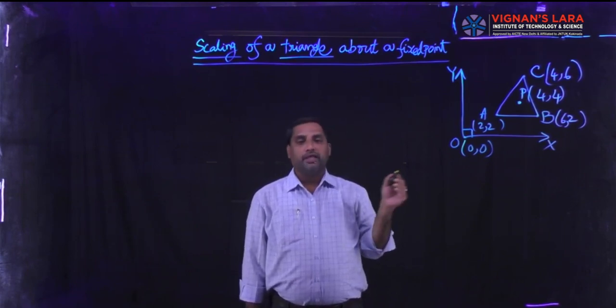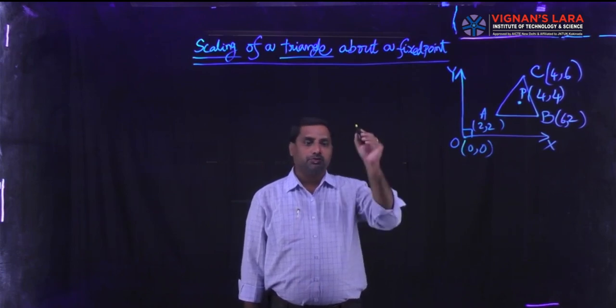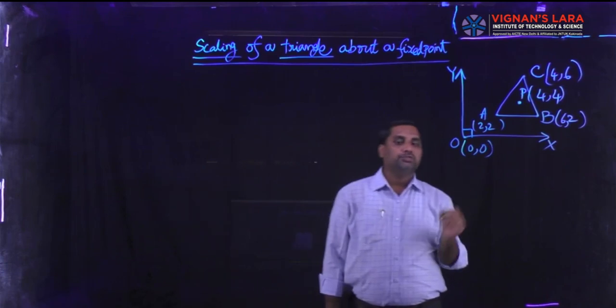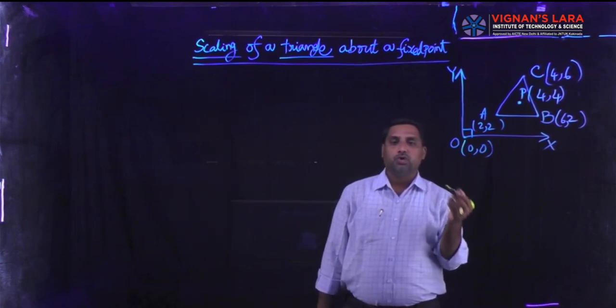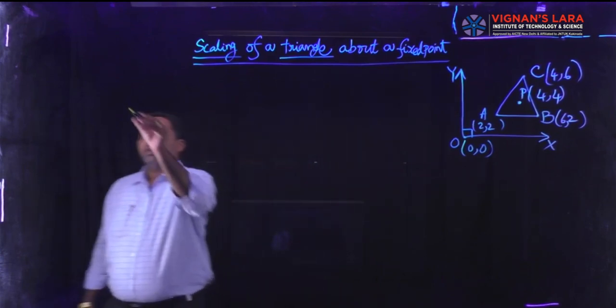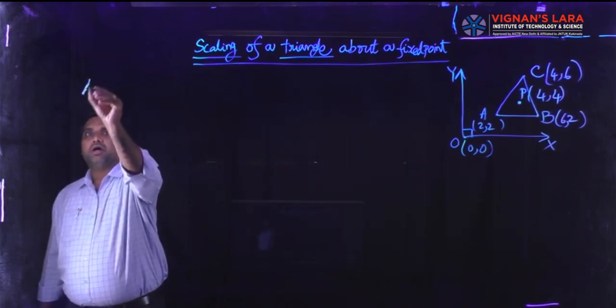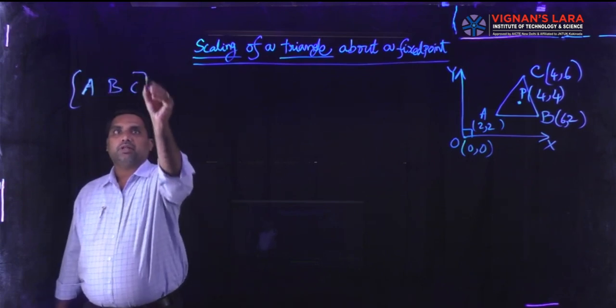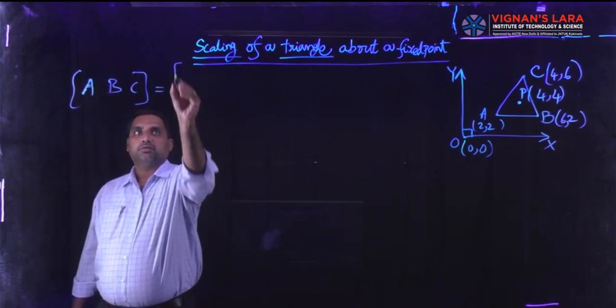For a triangle, x1 y1 1, x2 y2 1, x3 y3 1. Like that we need 3 columns and 3 rows in homogeneous coordinate representation. That we have to do first.